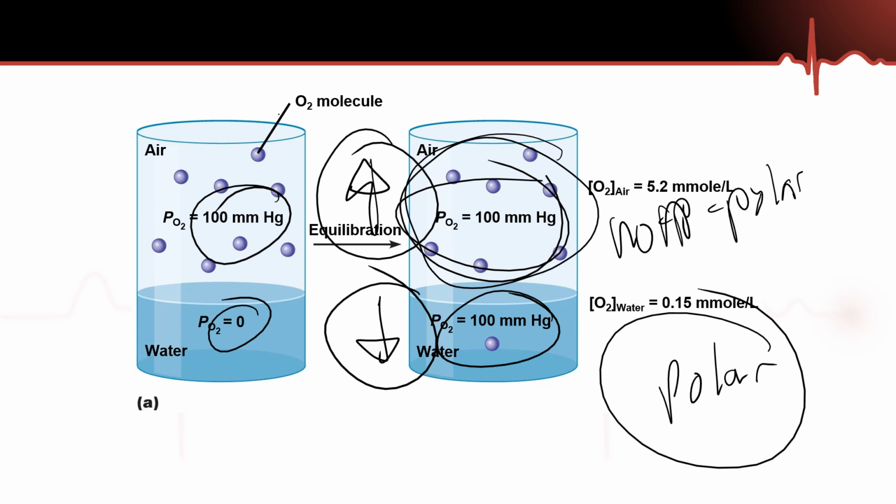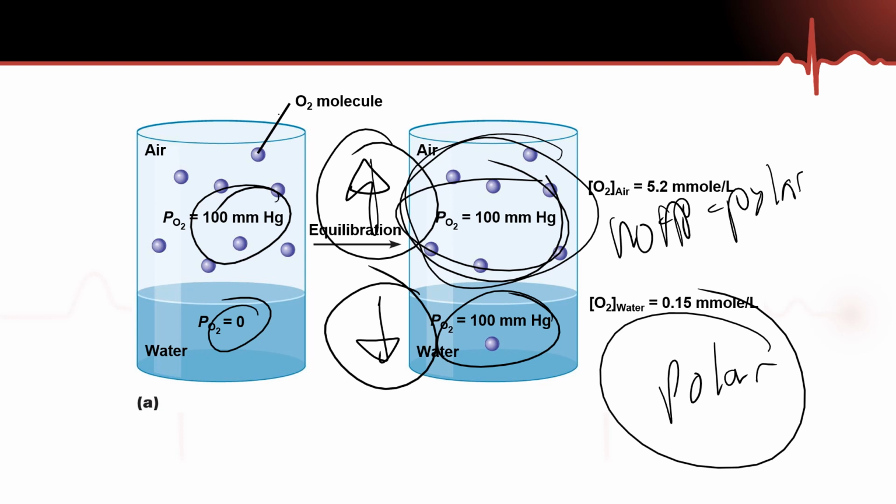This is what Henry's law tells us. It tells us that the partial pressures of a gas within air and a gas within a fluid can be at equilibrium, and their concentrations can be vastly different than one another.